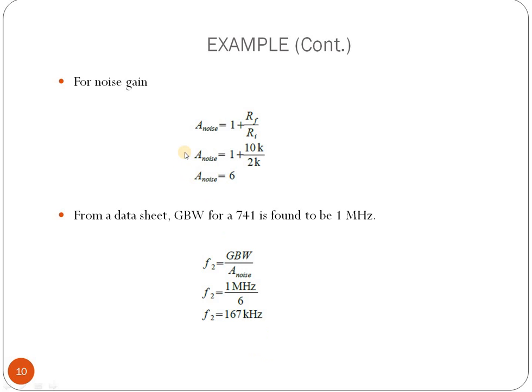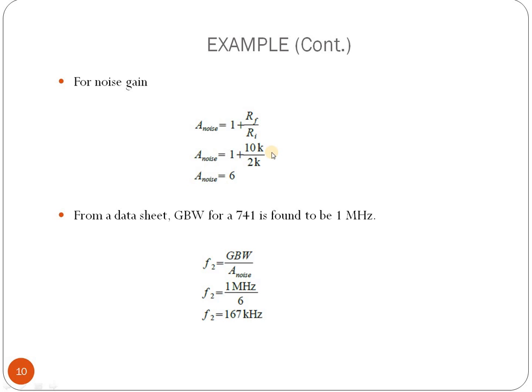Now we want to calculate the noise gain, and you know that noise gain is 1 plus Rf by Ri, the same for both inverting and non-inverting. If we put in the values, we get a noise gain of 6. Why do we need the noise gain? Because we want to calculate the break frequency, F2.